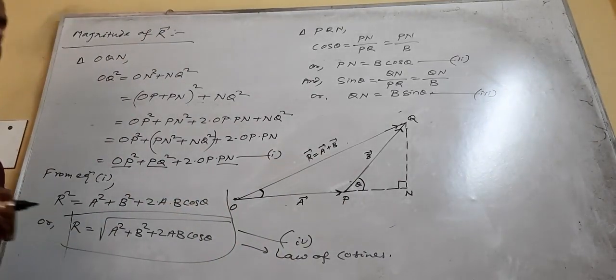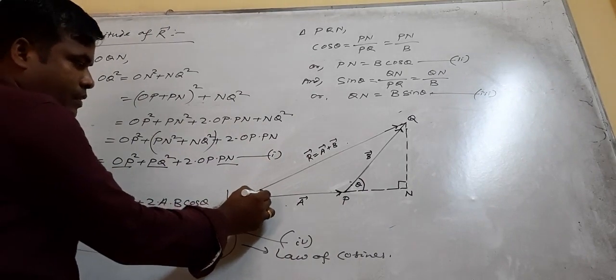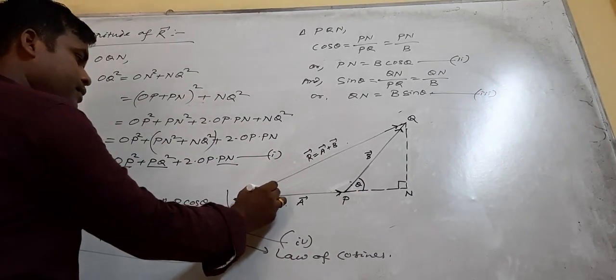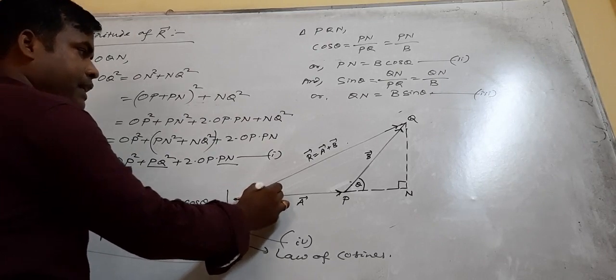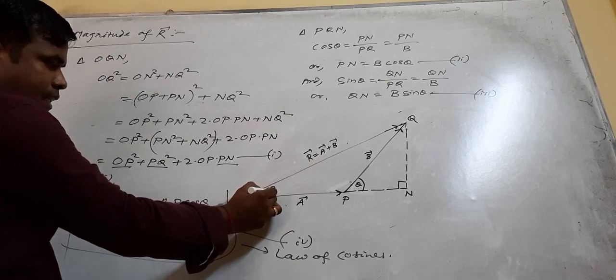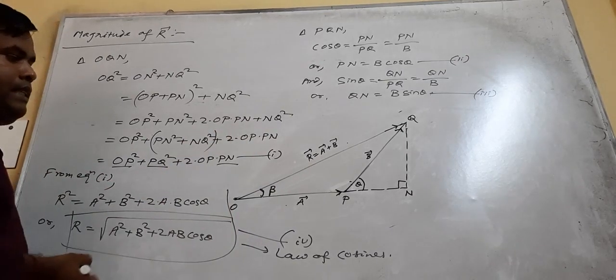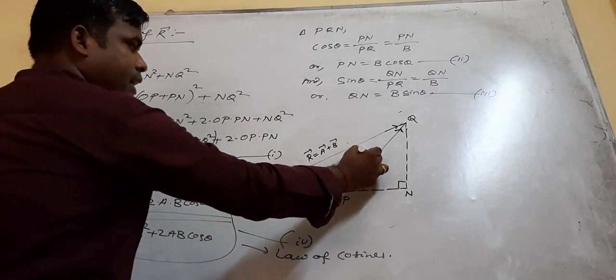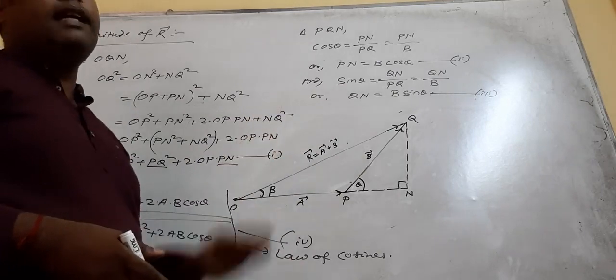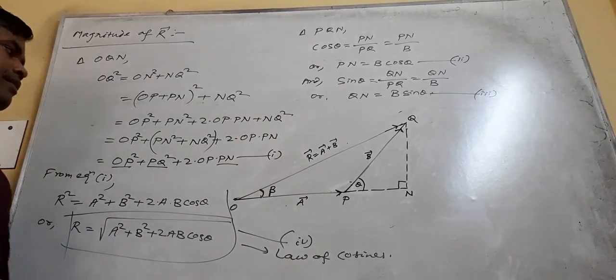So now come to direction. The direction you can get from this angle. Let this angle be beta. So beta and B, you see in beta this line extends up to some extent, but here this line ends here. So make a distinction between beta and B while writing.